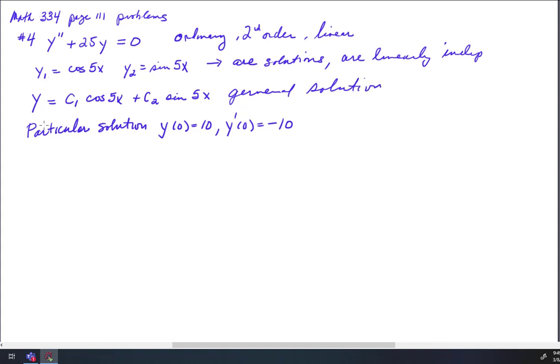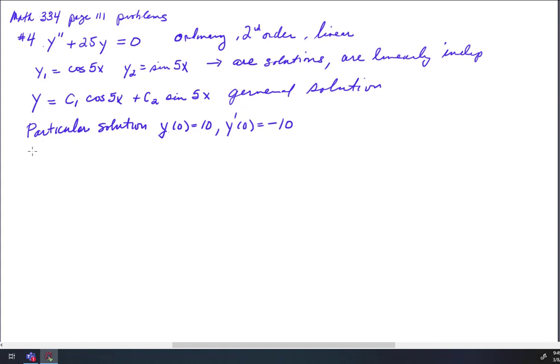So almost just by writing it down, we found a general solution to the original differential equation. Now, the problem 4 asks us then to find a particular solution that satisfies the initial conditions y of 0 is equal to 10 and y prime 0 is equal to negative 10.